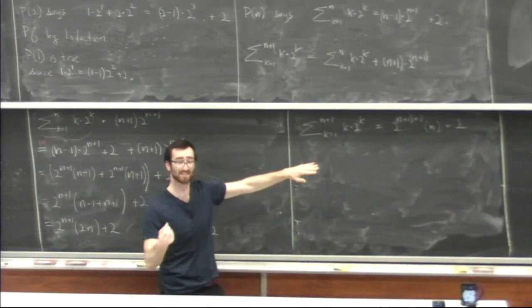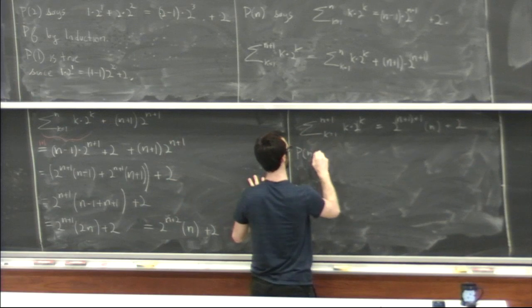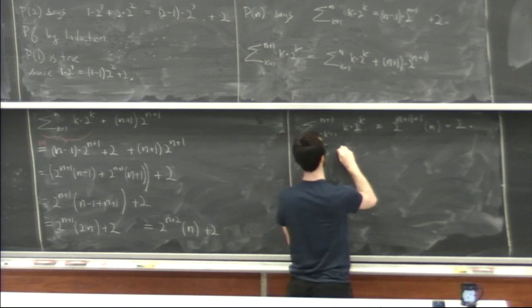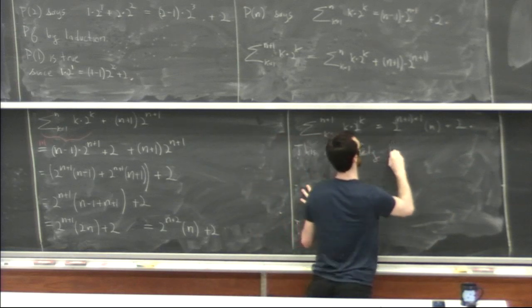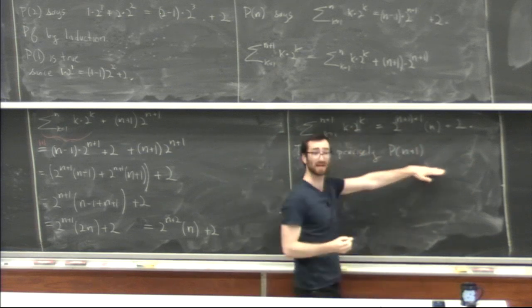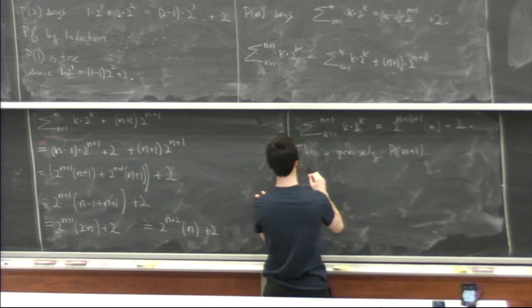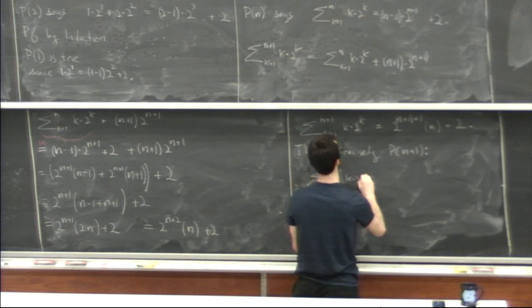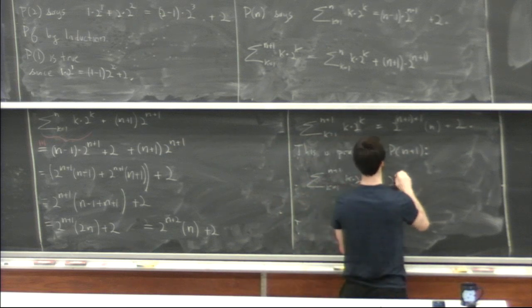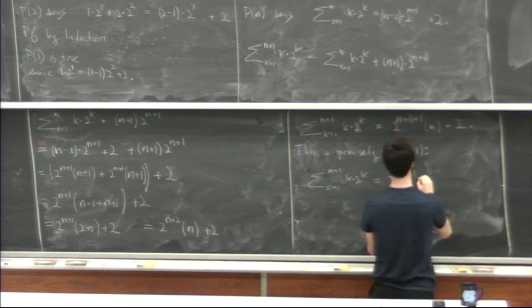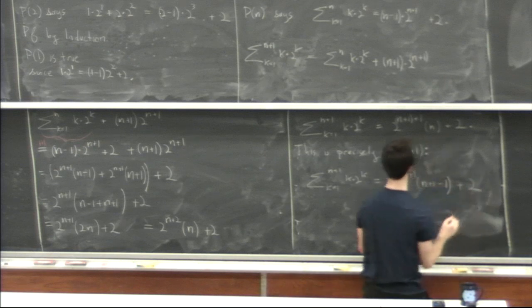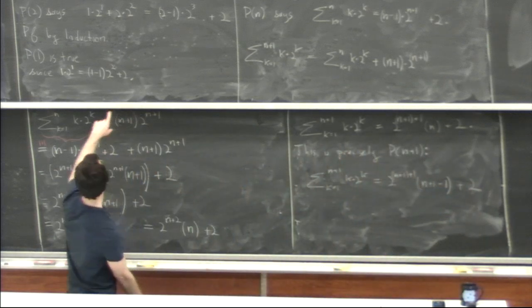But this is precisely the statement P of n plus 1. Because P of n plus 1 asserts that this sum, the sum from k equals 1 all the way up to n plus 1 of k times 2 to the k, is equal to 2 to the n plus 1 times n plus 1 minus 1, plus 2. Right? That's exactly the thing that I'm trying to prove.